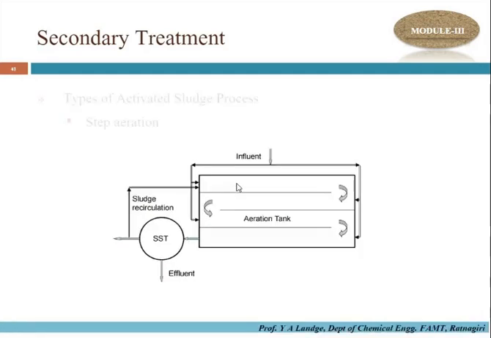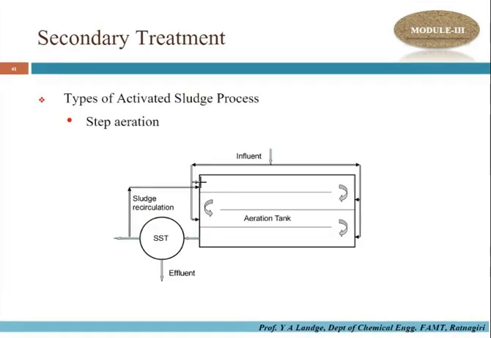Say if you add the influent here, then it will be there at this point, at this point, at this point, and at this point. So we increase the influent points from one to many.